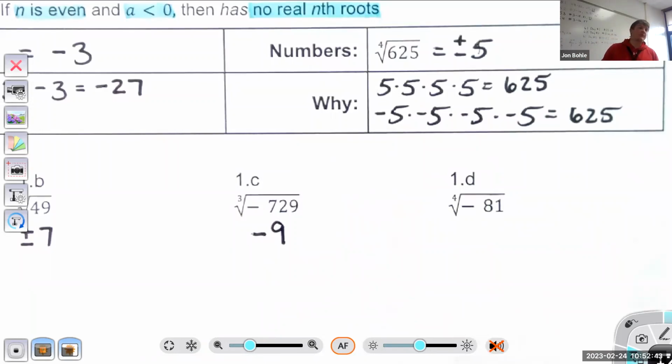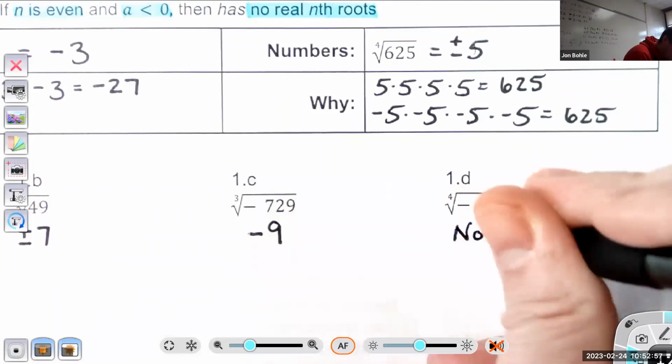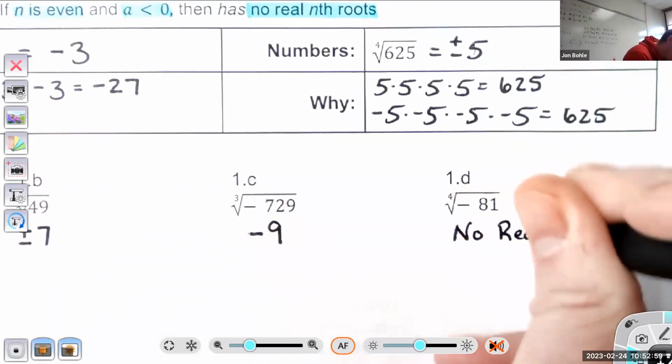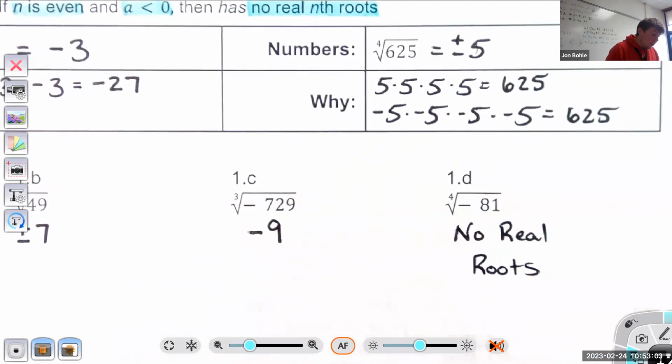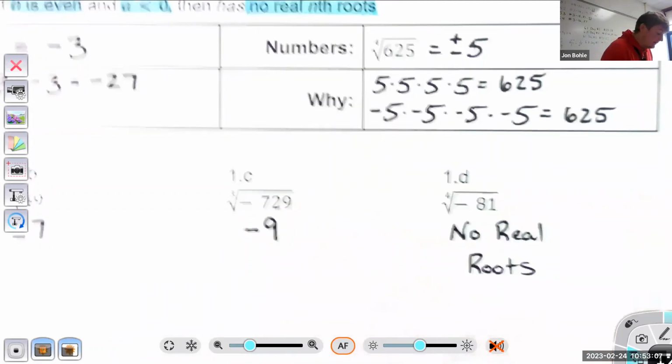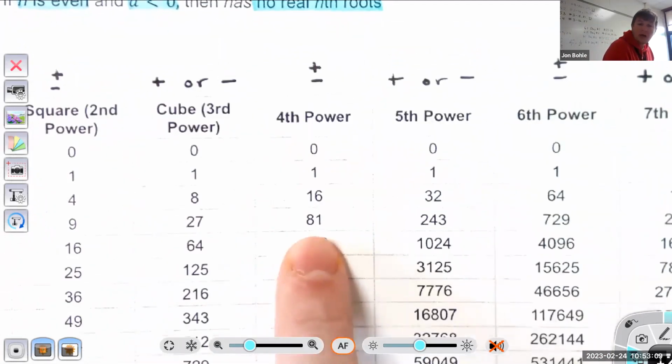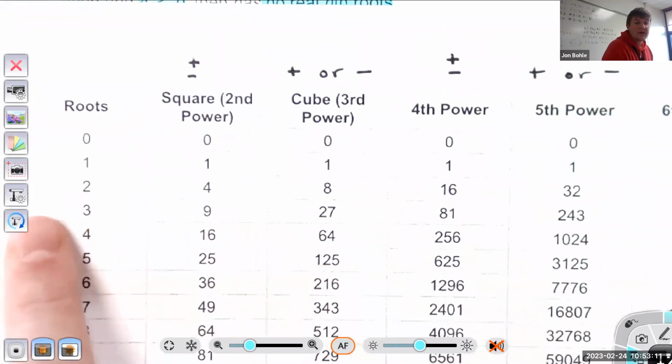And what about 1d then? What's the answer to 1d? It's positive and negative, but, okay, this is kind of a little contradiction. This is no real roots. One might think it's positive and negative 3, because you find your fourth root, go to 81, and you're going to think it's 3.